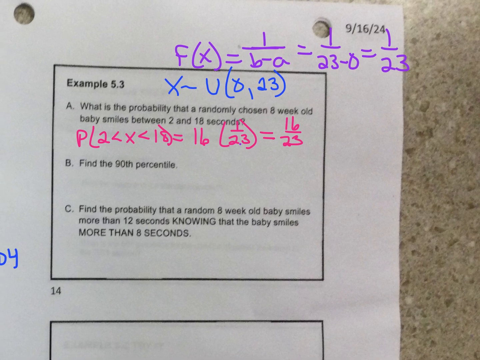If you think about that box that we're finding the area of, that would be my length or height, and my width was between 2 and 18. My width is 16.